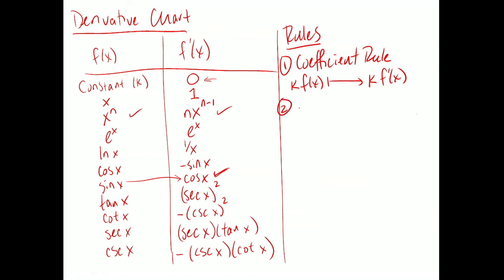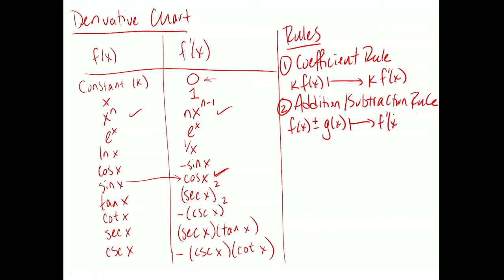Okay, and then the last rule that we just did handles addition and subtraction. Which says if you have one function plus or minus another function, you can just take the derivative of each piece separately, and then add or subtract it appropriately.